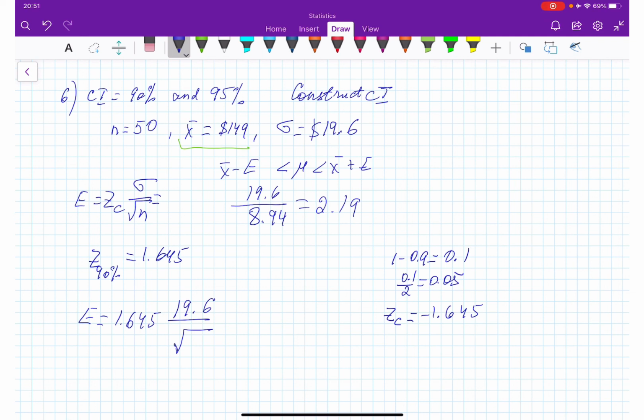How much is n? N is 50, square root of 50. Square root of 50 is 7.07.